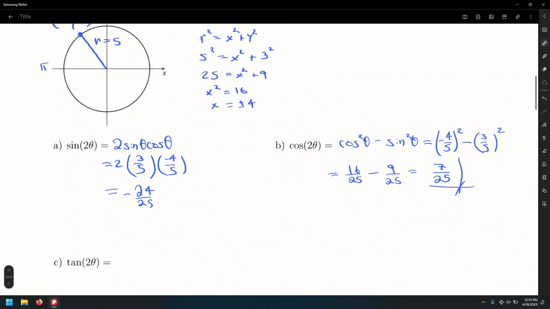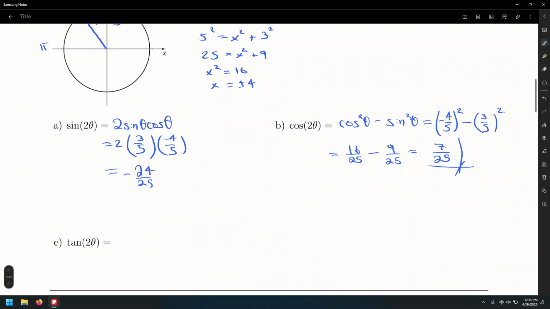How about tangent 2 theta? And again, although we have a formula for the double angle for tangent, sometimes it's okay to just go the practical way by simply using a quotient identity, that is sine 2 theta over cosine 2 theta. Okay, so sine 2 theta is -24 over 25. Divide that by 7 over 25.